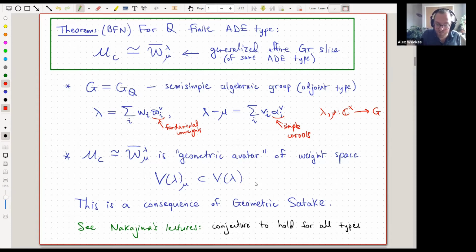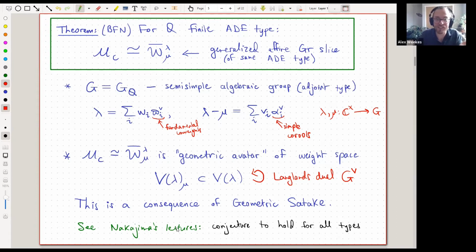And I should say the V lambda here is a representation of the Langlands dual, which is G dual. And now we see that something like lambda, which is a coweight for G, becomes a weight for G dual. And so this makes sense as a highest weight representation. In finite type, this is a consequence of the geometric Satake correspondence. But in general, this is a conjecture.